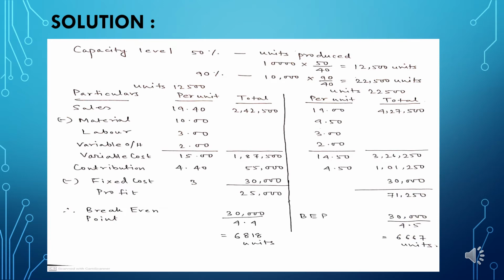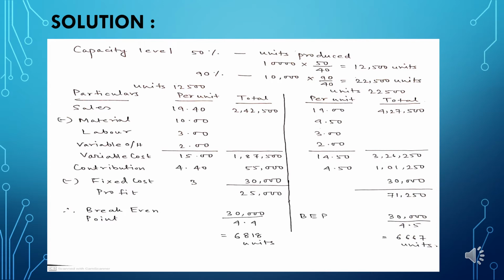Adding that material, labor and variable overhead up, we get the total variable cost per unit to be 15, and multiplying it with the total number of units of 12,500, we get the figure to be 1,87,500. Now deducting 1,87,500 from 2,42,500, we get the contribution to be 55,000.